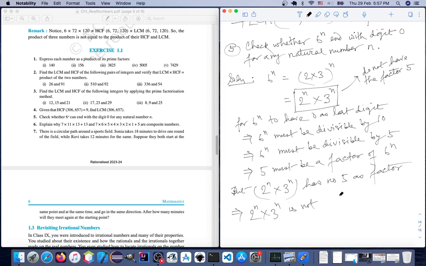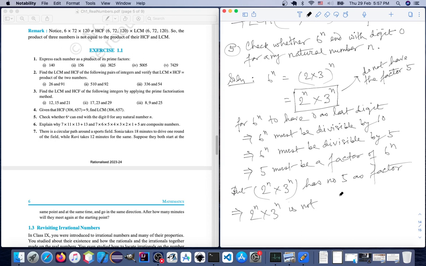Now 6 to the power n should be divisible by 10. We can write 10 as 2 into 5. That means 6 to the power n should definitely be divisible by 5. But we see that 2 to the power n into 3 to the power n has no 5 as a factor.